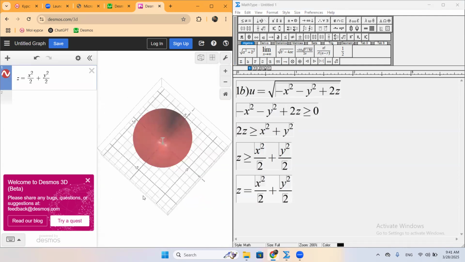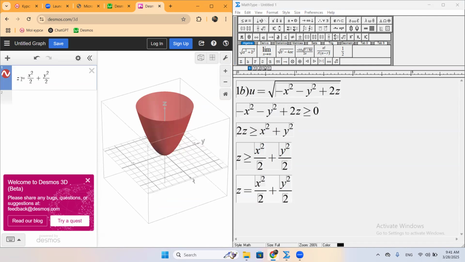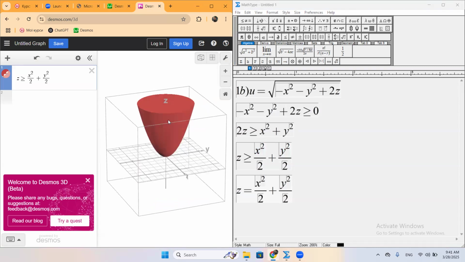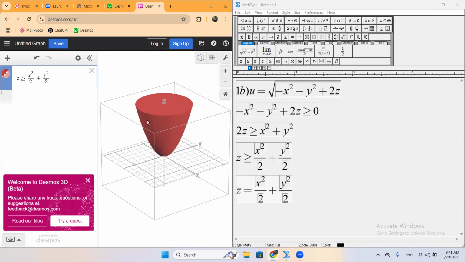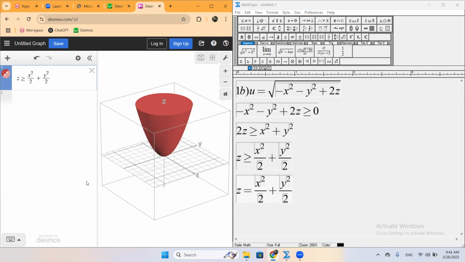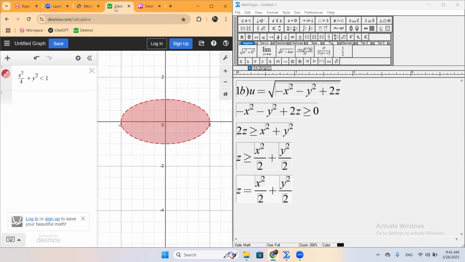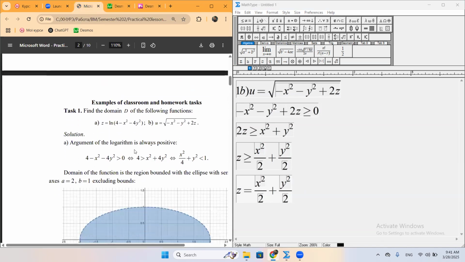So we can see such a surface, but if I write such an inequality, I will receive the following: all points that are on the paraboloid and all points above it. This is actually the domain of function u. So any questions about this exercise? Okay, no questions. So moving next.